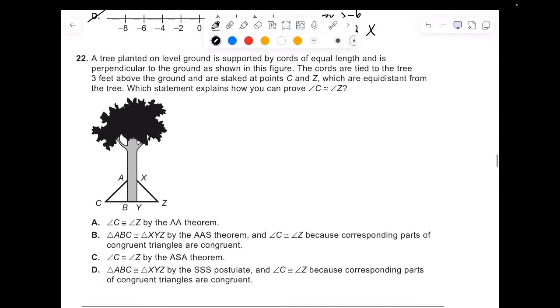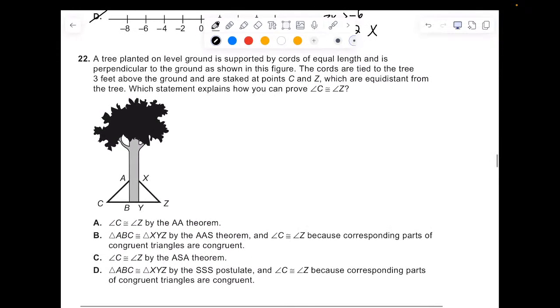Let's see. So we know that A and C are equal to X and Z, right?